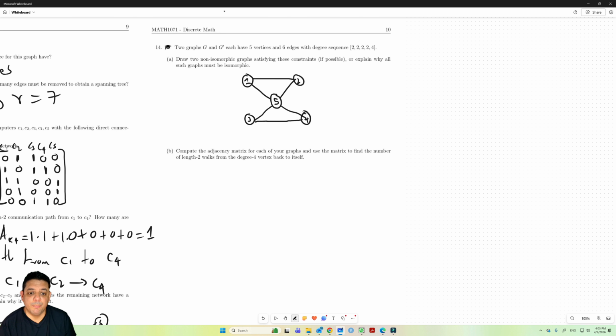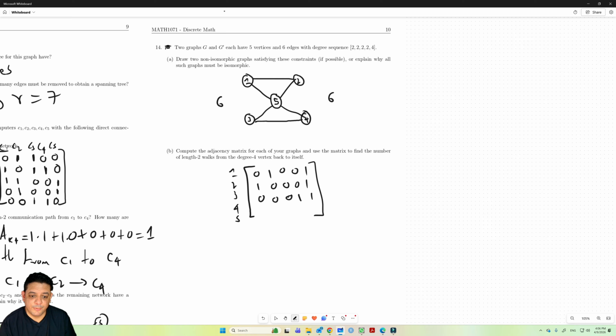Now, if we compute the adjacency matrix for each of these graphs, so notice that this is going to be G and G prime as well, then we can compute the adjacency matrix here. We can go 1, 2, 3, 4, 5, and of course it's going to be 1, 2, 3, 4, 5 as well. 1 is connected to 2 and is connected to 5. 2 is connected to 1 and is also connected to 5. 3 is connected to 4 and to 5.